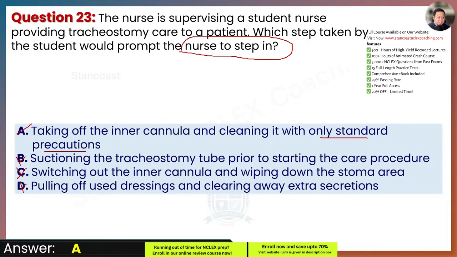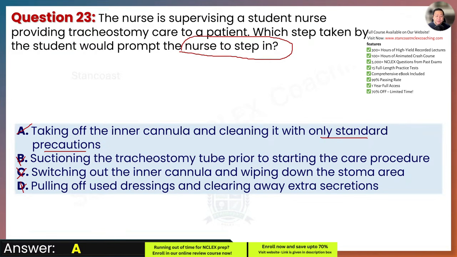Now, what about letter C? Switching out the inner cannula and wiping down the stoma area. Well, switching out the inner cannula and wiping down the stoma are both essential parts of trach care. While it is important to use sterile technique when performing these actions, this step itself is also a standard part of the procedure, and as long as the student is maintaining sterility, this is perfectly appropriate.